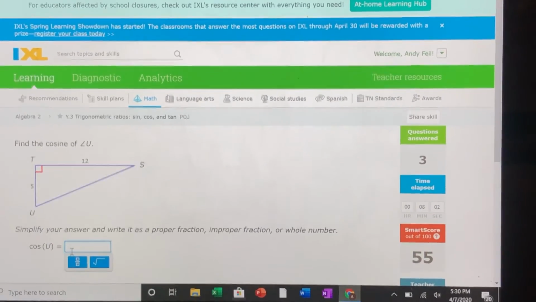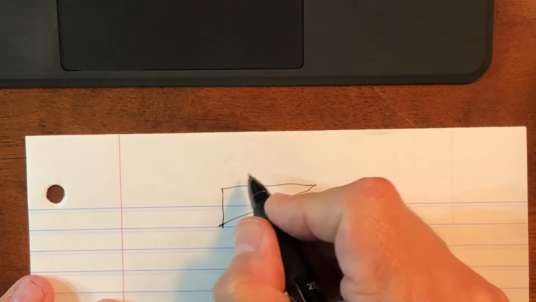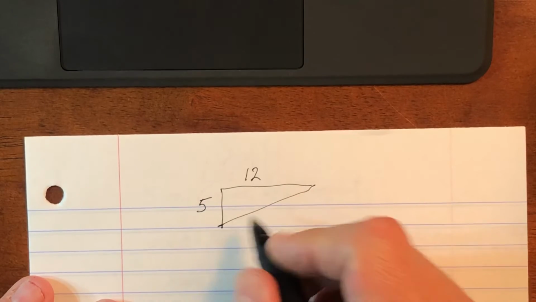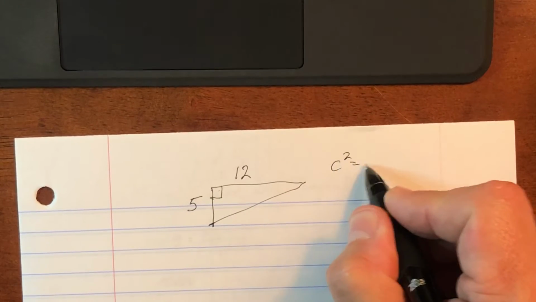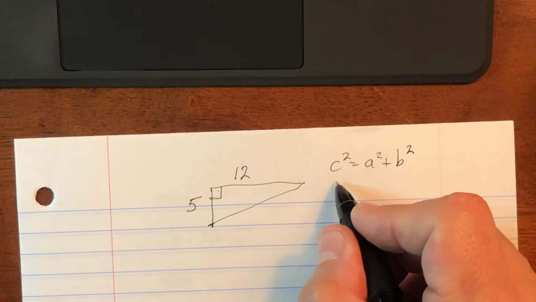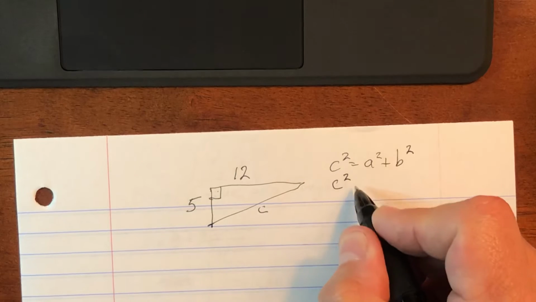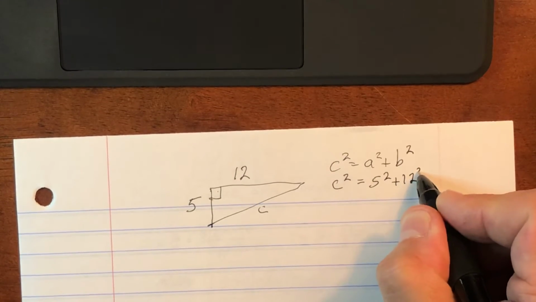So let me move this out of the way. We've got 12. I'm just going to draw this real quick. We had a 12 and a 5, and we were trying to find that hypotenuse. Well, we know that c squared is equal to a squared plus b squared. So that means that c squared, this hypotenuse, is going to equal 5 squared plus 12 squared.